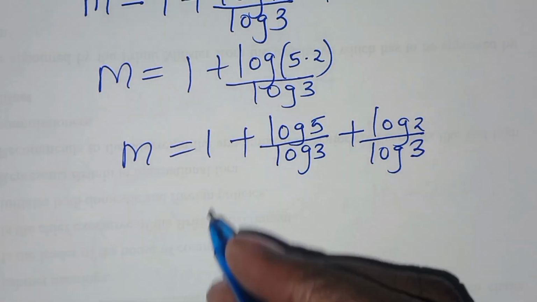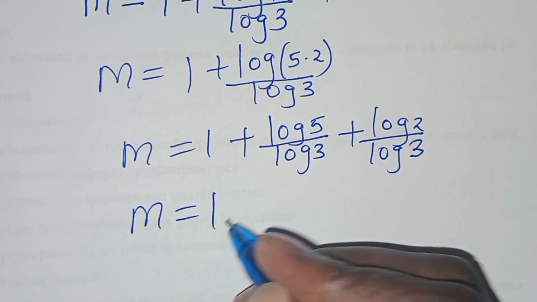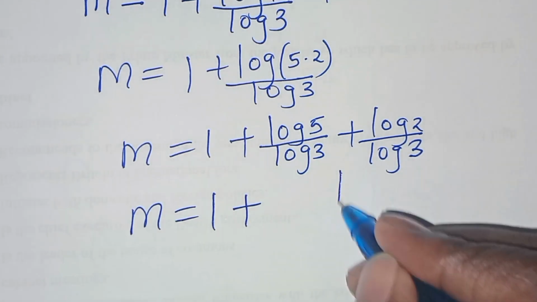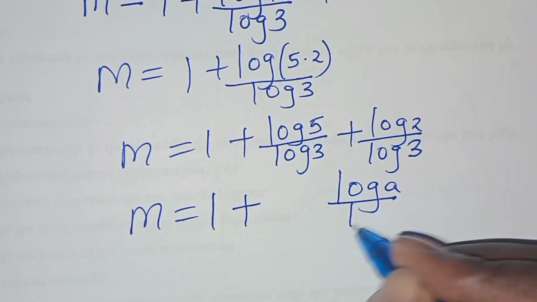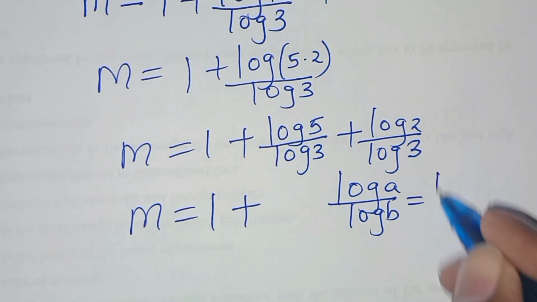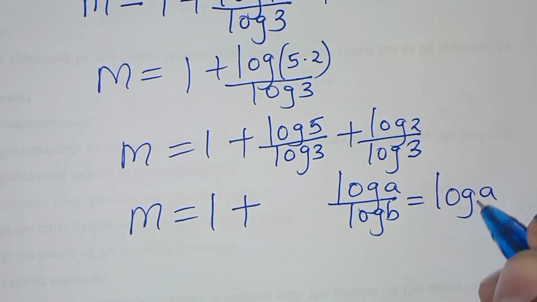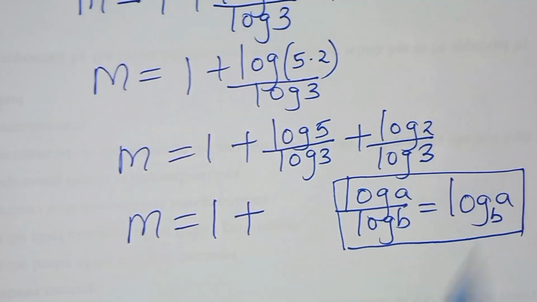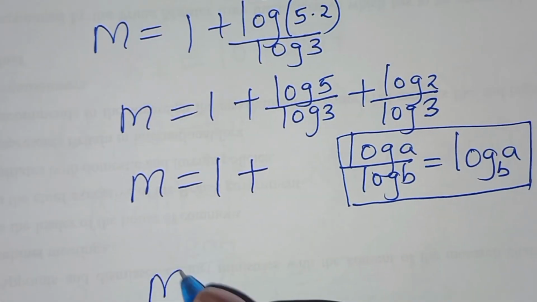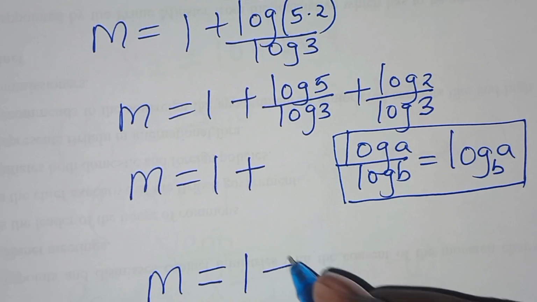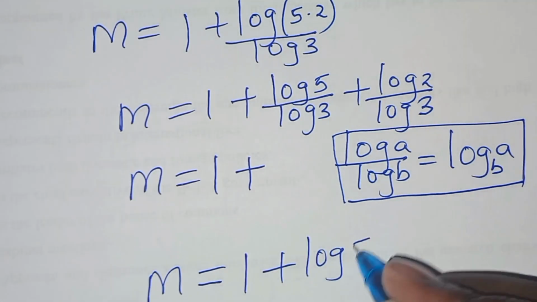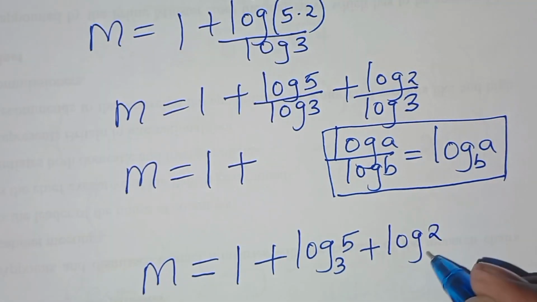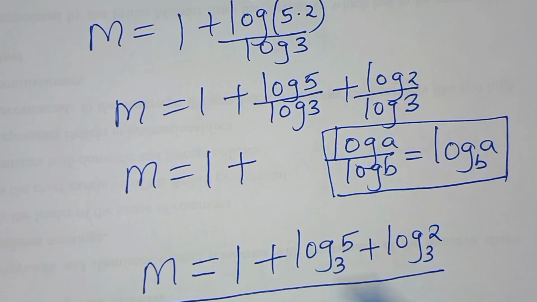Now the next step here, we'll have that m is equal to 1 plus log 5 divided by log 3 and log 2 divided by log 3. This is in the form of log a divided by log b, which we can express as log a to base b. So applying this logarithm property, then m can be expressed as 1 plus log 5 to base 3 plus log 2 to base 3. Now this is the value of m.